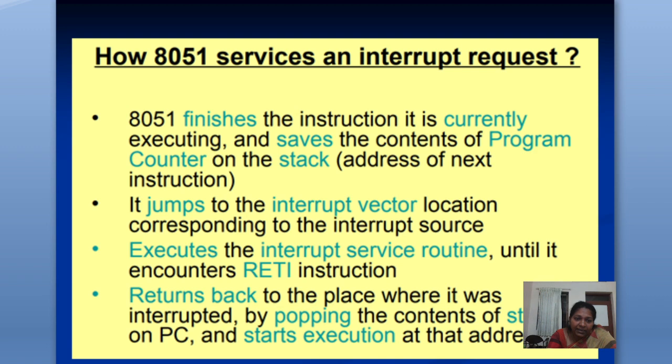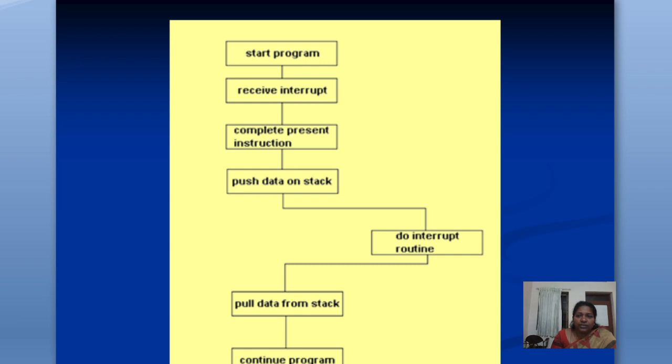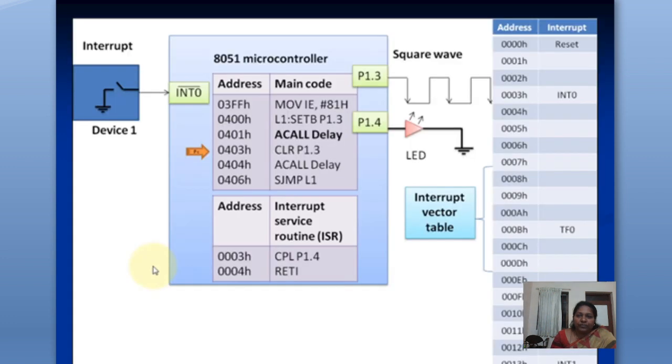So when it gets back that address, it comes back to the same original address. So this is the flow. Whatever I have explained is depicted in this flow. Here is an example of an interrupt service routine: when an interrupt occurs, we try to glow the LED.